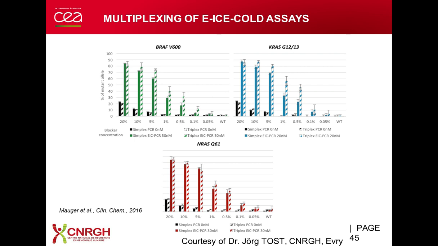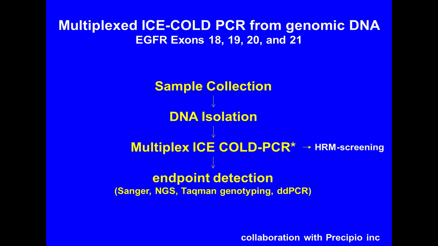Multiplexing ice-cold PCR was first reported by the group of Jörg Tost in France, where they demonstrated multiplexing of three different amplicons, BRAF, KRAS, and NRAS, and the technology retains the sensitivity for all three amplicons at a time. So you have three reference sequences working at the same time, with a single thermocycling protocol.